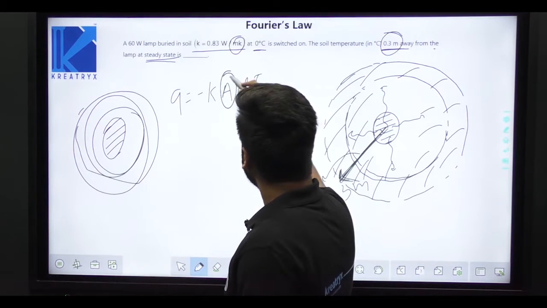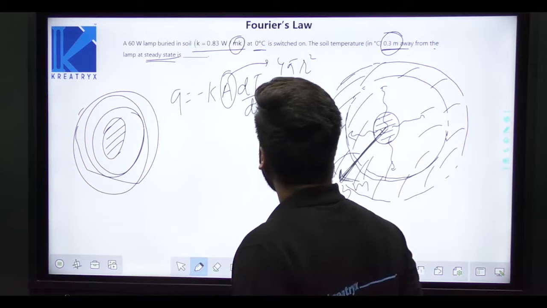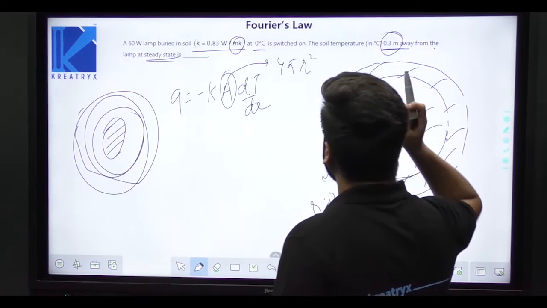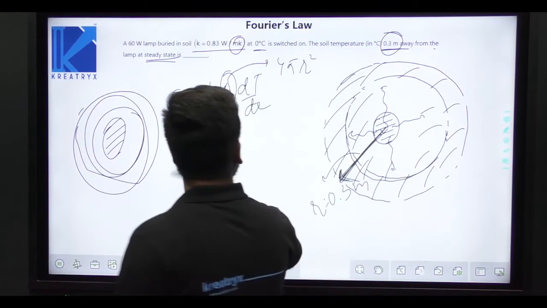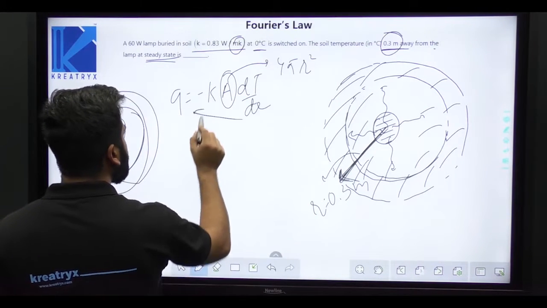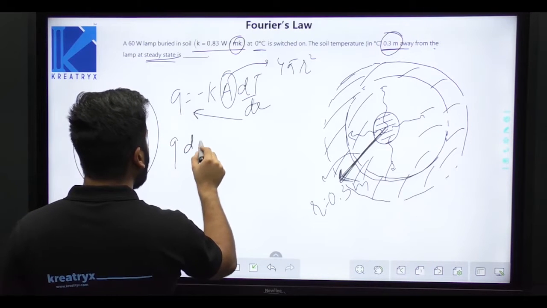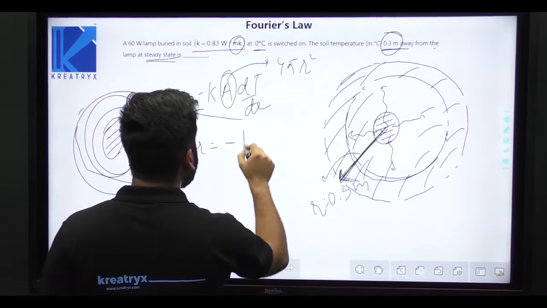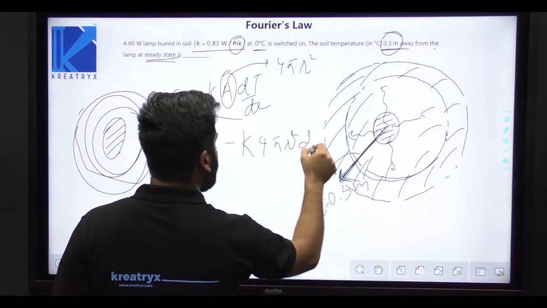So it will be 4 pi r square. Now you have to decide the limits. Take this dr here: Q dr equals minus k 4 pi r square dT.